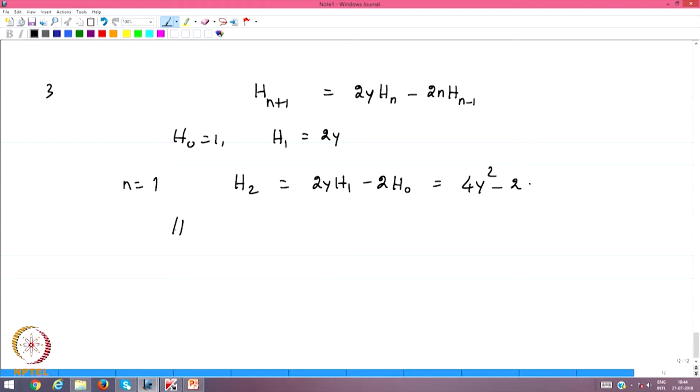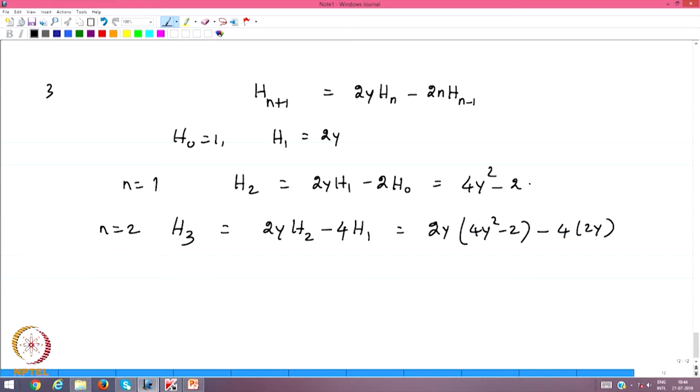What is H3? H3 is again, n equal to 2, therefore, 2y into H2 minus 2n, which is 4, H n minus 1, since n is 2, this is H1, and the answer is 2y into H2, 4y squared minus 2, minus 4 into 2y. So, the answer is 8y cubed minus 12y.